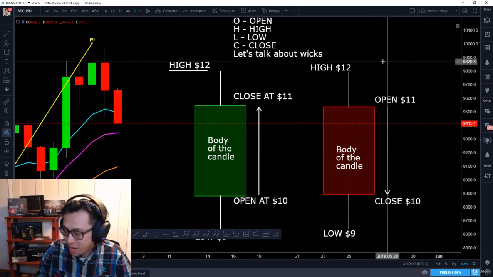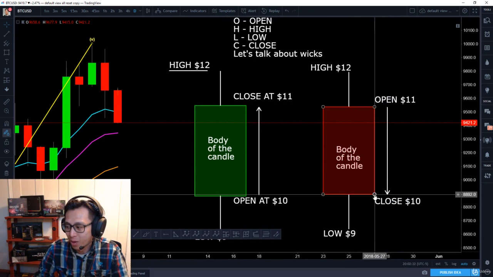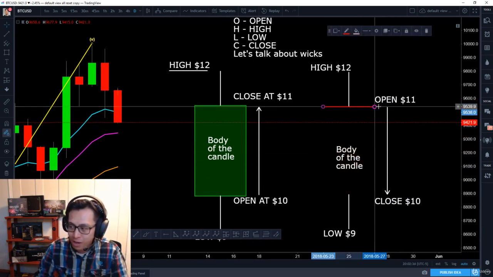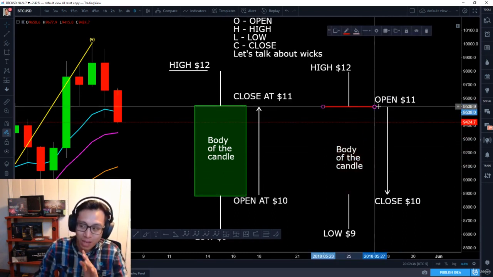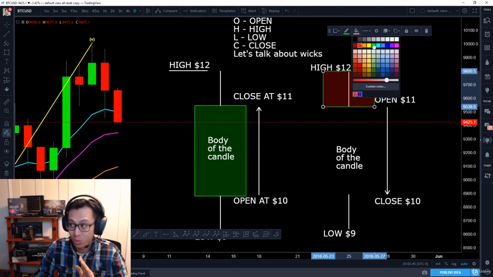All right, let's get into this, guys. So let's say that we opened at $11 right here, right? First of all, it would have been a green candle, because we're going up.